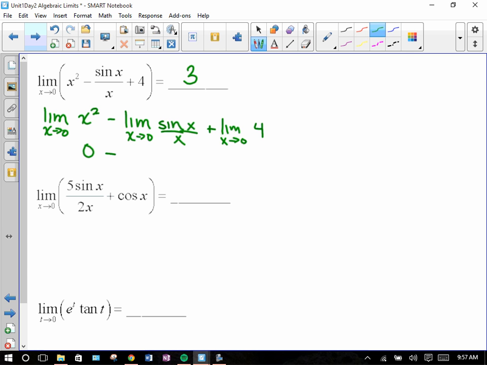Because I told you to memorize it. That is the real answer. And the limit as x approaches 0 of 4 is just what, Shamar? 4, because it's a constant. So that's plus 4. 0 minus 1 plus 4 is 3, just like you said.